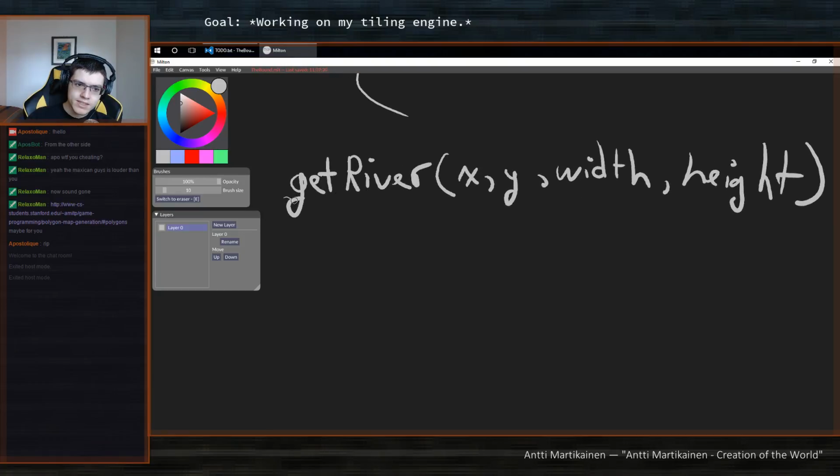So whatever this does, it returns something. Returns what? Maybe it returns an array which is of size width times height.